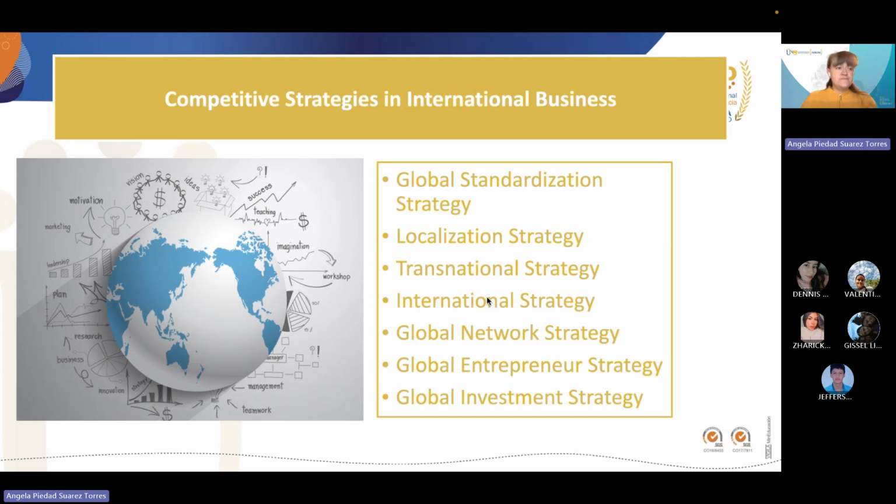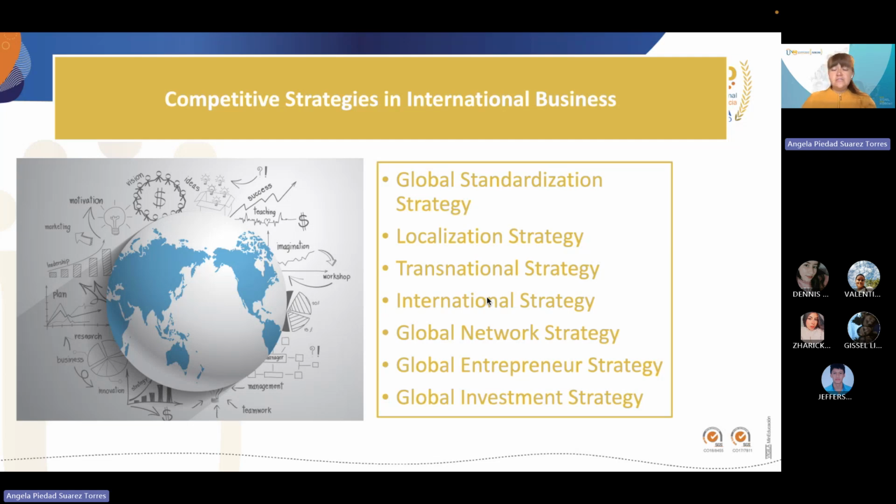All of these strategies enable the firms and the companies to compete effectively in the international market by balancing cost efficiency, local adaptation, and innovation, depending on the market dynamics and pressures. So those are different strategies that the companies can consider regarding the capabilities that they have, the size of the company, and of course the objective that they have in the international market.